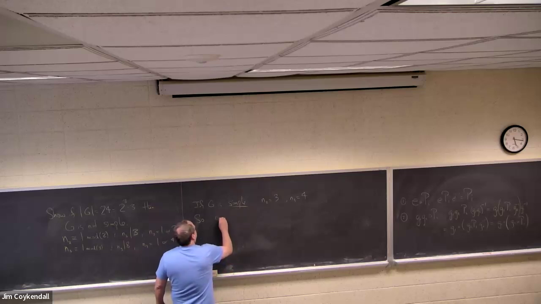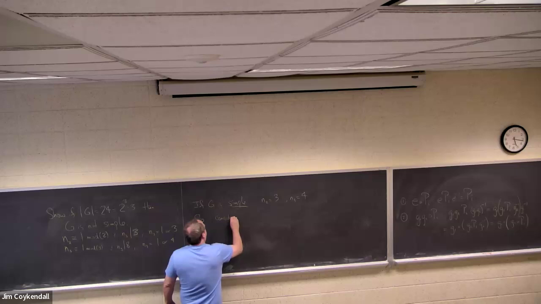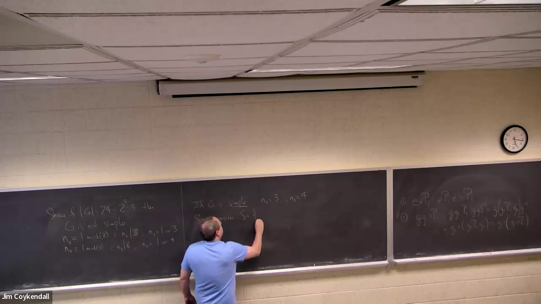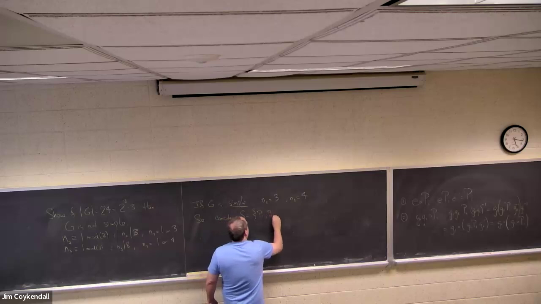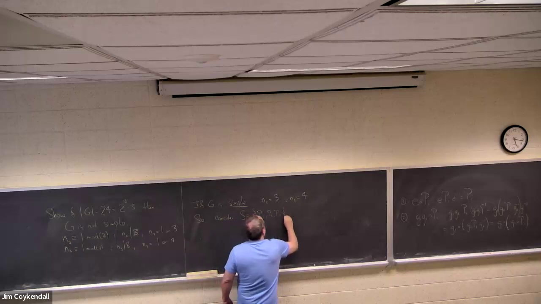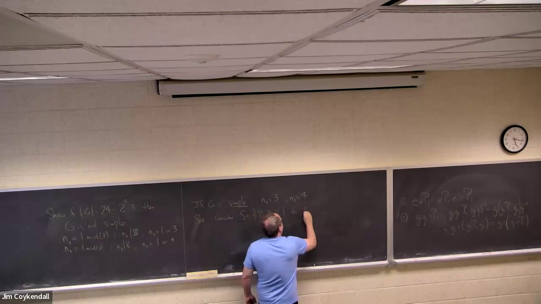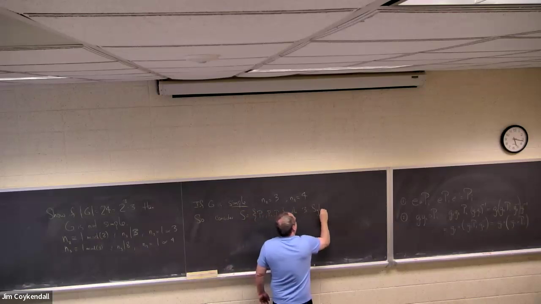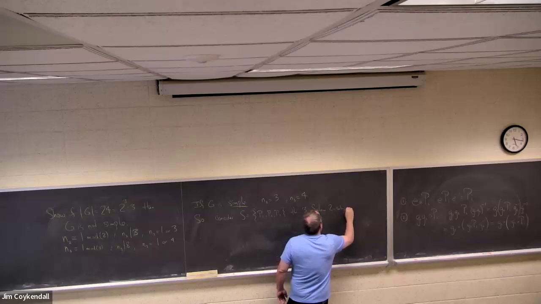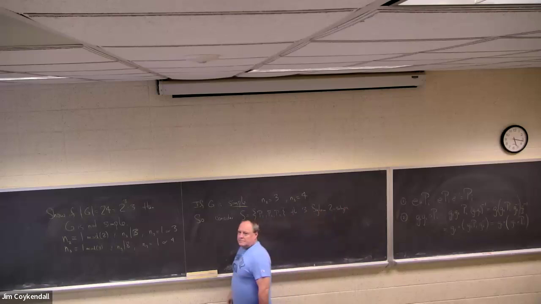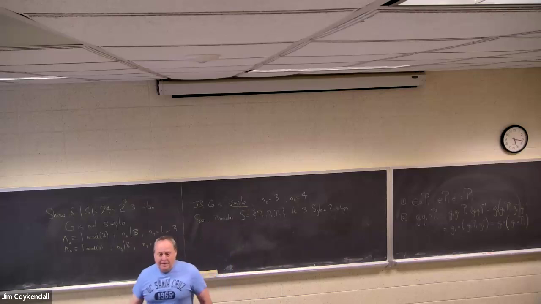So consider, I'm going to call these P1, P2, P3, the 3 Sylow subgroups. Everybody okay with it?